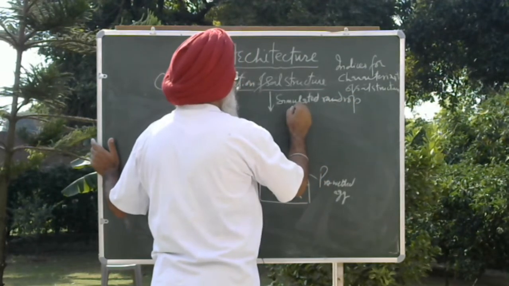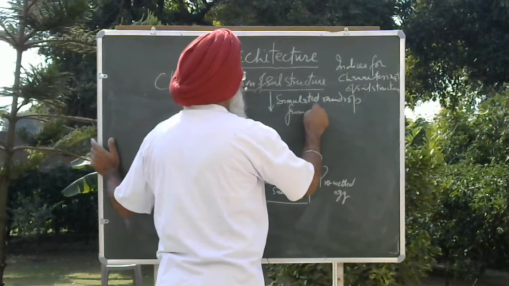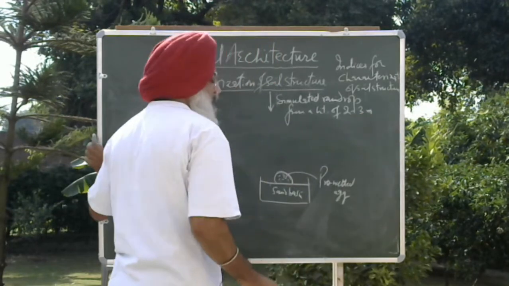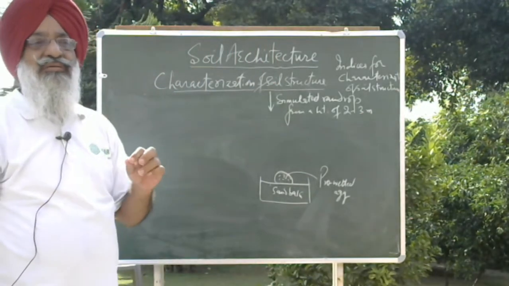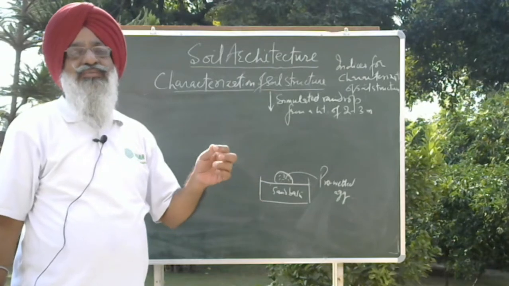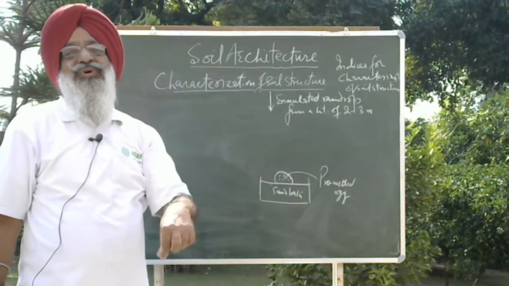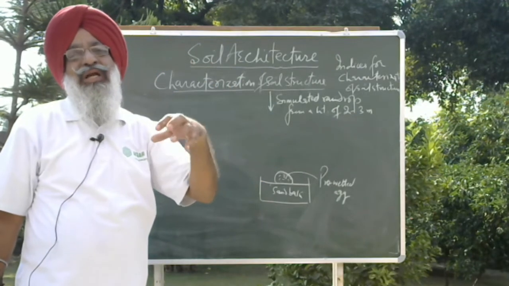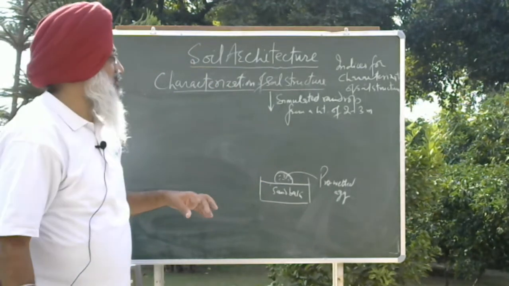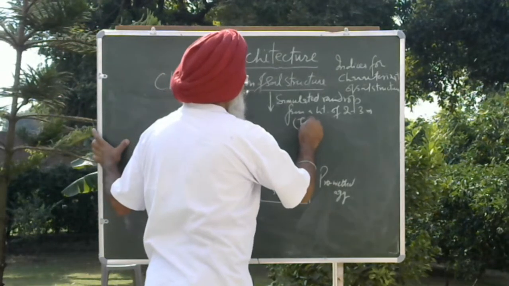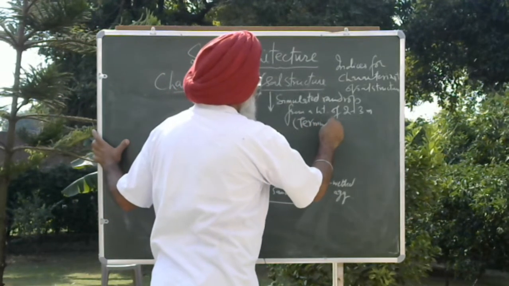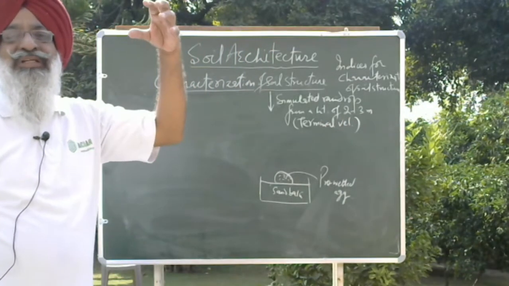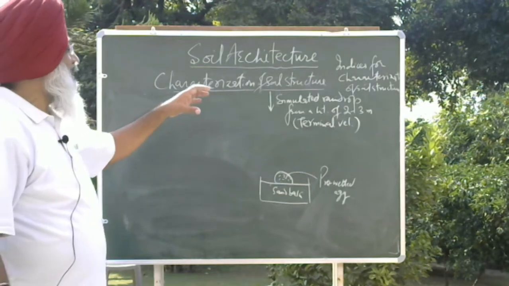falling from a height of 2 to 3 meters, because when a raindrop of say 1 millimeter, 2 millimeter up to 2.5 millimeter falls from this height, it achieves around 80 to 90% of its terminal velocity. So, it is very important that this drop is falling with a terminal velocity. Terminal velocity means when there is no more acceleration due to gravity acting on this raindrop.